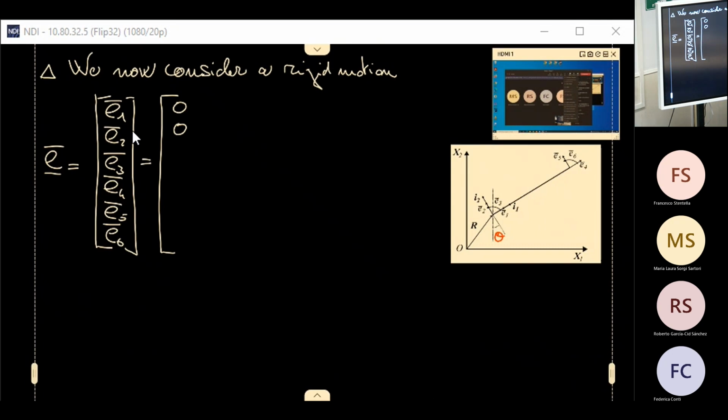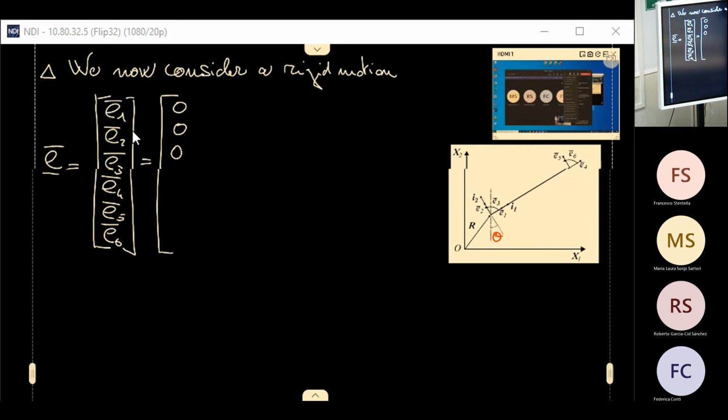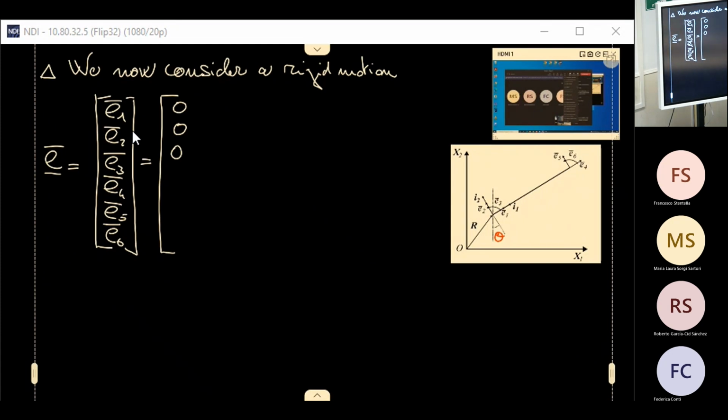No. Because it's the mutual orientation between the element and E1 this time. E4? Correct. E5? E6? Okay.